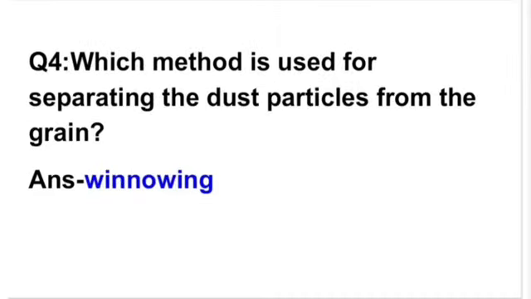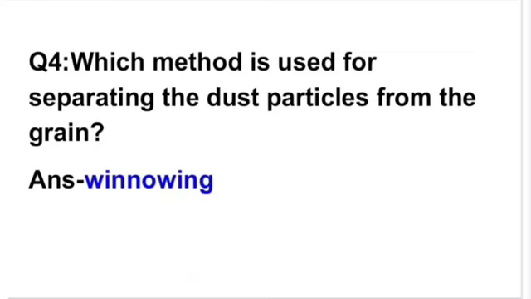Question number 4 was, which method is used for separating the dust particles from the grain? So the answer is winnowing. Why winnowing? Because we know that the dust particles are very light and they can be easily carried by the wind.